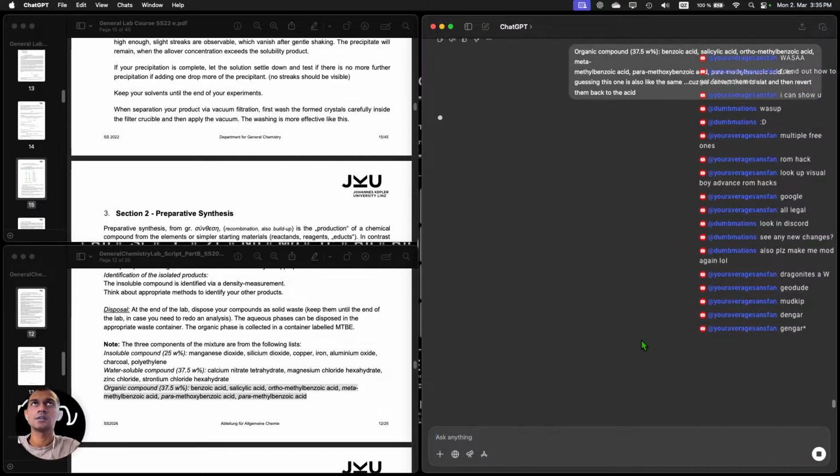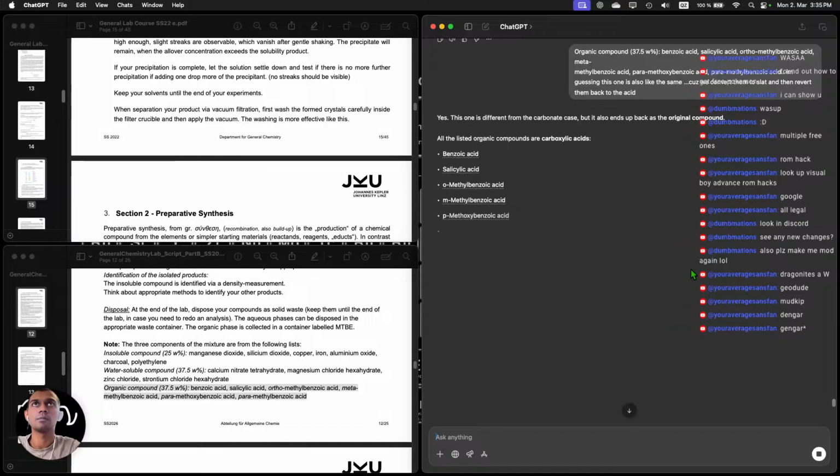Enter. I pressed enter. God damn it. This one is different from the carbonate case, but it ends up as being the original compound. Okay.